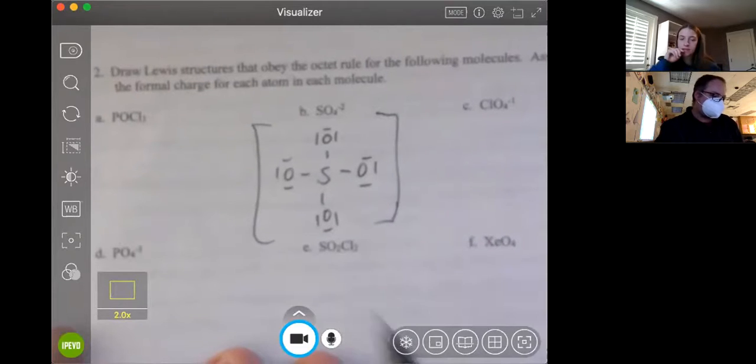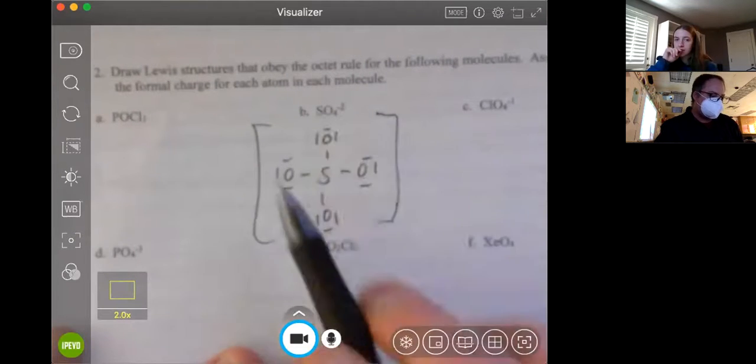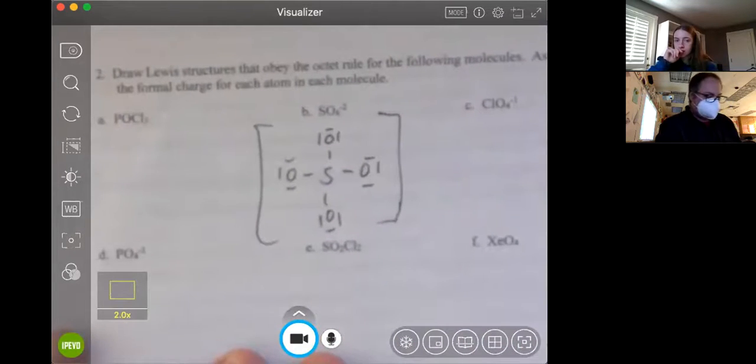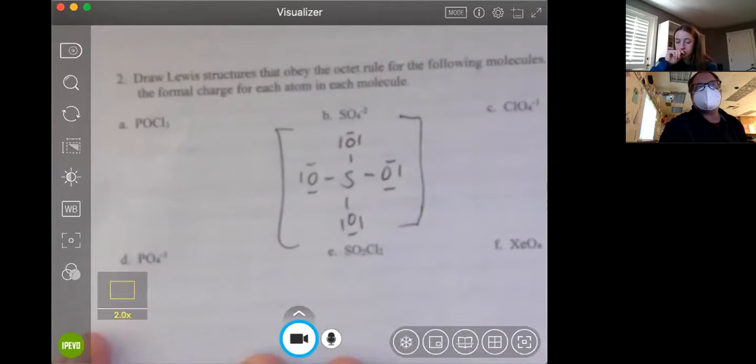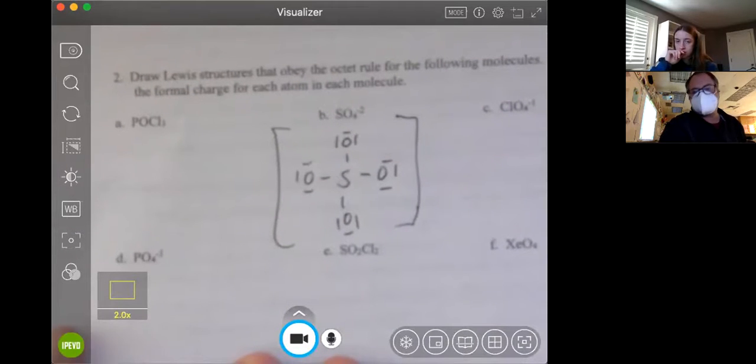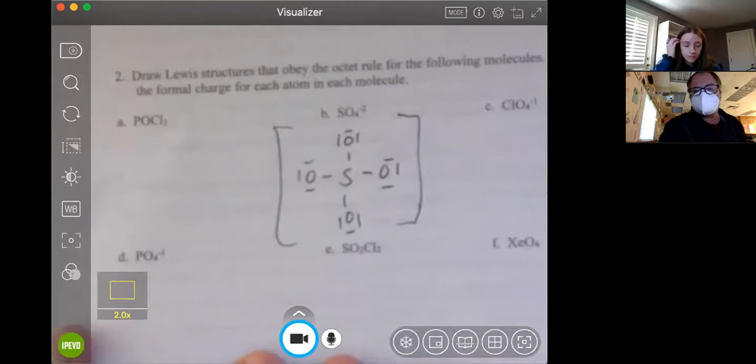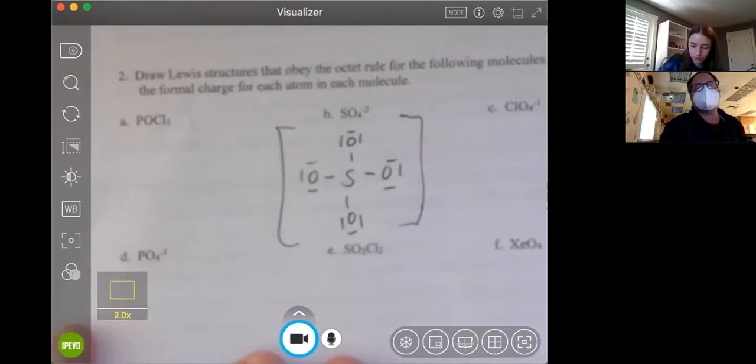In reality, the formal charge of sulfur is +2, and all of these other things have a -1. That is not a good formal charge to have. You want everything to be as close to 0 as it possibly can be. How can we go from +2 to 0?